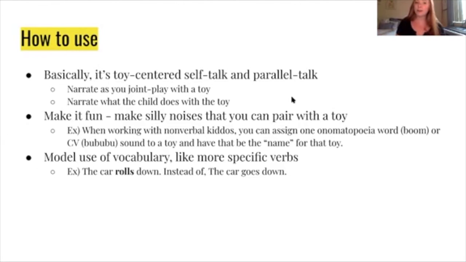And it's really great for nonverbal kids because you can implement non-words like, for example, here, boo, boo, boo, for the toy, if the child is not yet producing language. And then it also allows you to model vocabulary similar to what we talked about with self-talk and parallel talk.